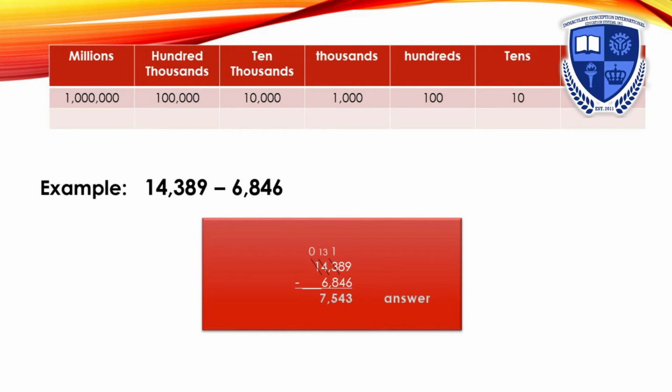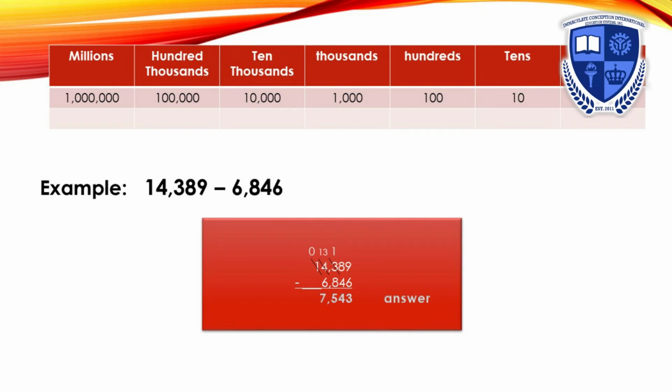Let's take a look at an example. 4,389, starting from the right and working our way left. 9 minus 6, that will be 3. 8 minus 4 will be 4.